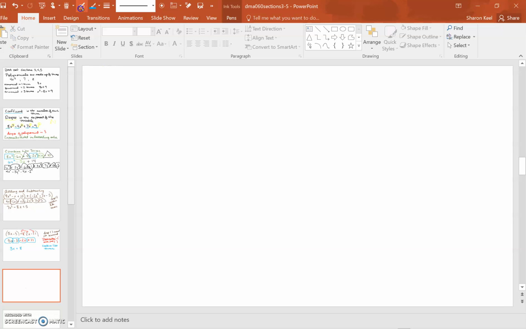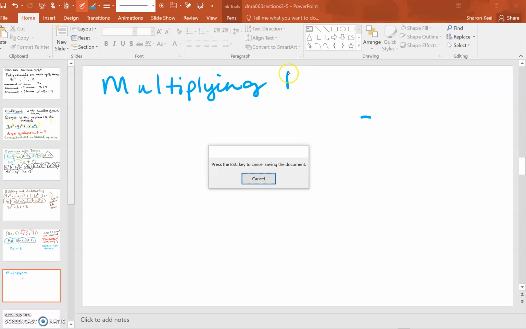So with multiplying, well, hang on. If I can get that too, there we go. So with multiplying, I'm going to start with a single term or two terms, and then I'm going to look at multiplying if you have binomials.